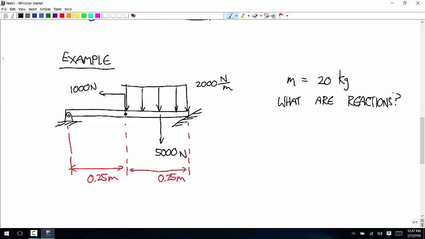So what we're really trying to do is calculate, we want to get to the point where we know all the external loads acting on this body. Right now we know all the external loads except the force here and the force here. And we want to get those because later when we go into calculating the internal loads in the beam, we're going to need to know those, and this will be like a starting point.